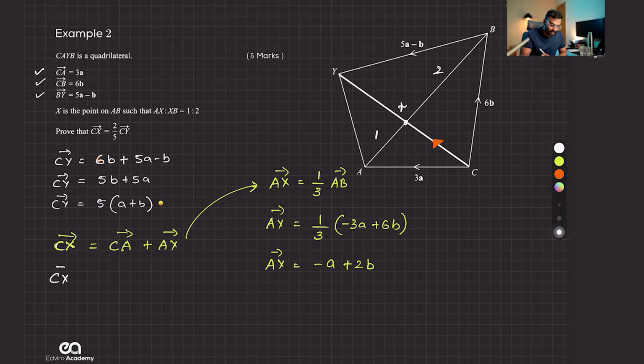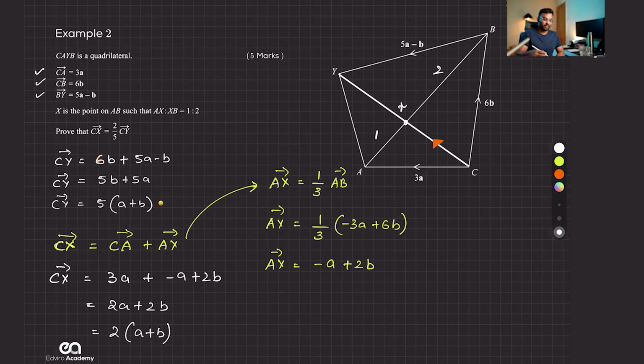So we have CX equals CA, which is 3A, plus AX, which we found out, minus A plus 2B. And there we are. This is 2A plus 2B, which is 2 times A plus B. There we go. We're done.